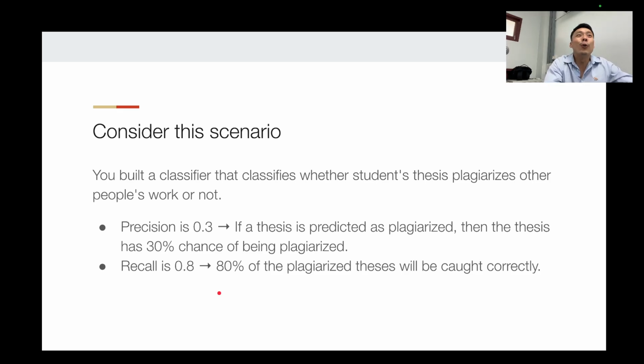You want to be able to trust it, so high precision, but you also want to catch more plagiarism if possible. In a perfect world, a super high accuracy system will have high precision and high recall, but sometimes we cannot have both. Usually, if one is high, the other is low.